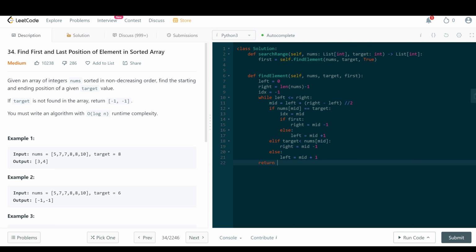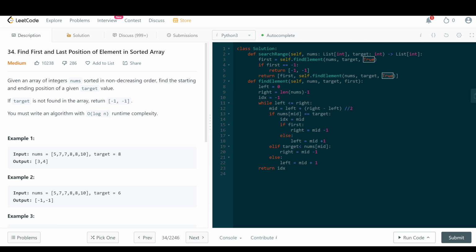Otherwise, return the same thing, but we have to find the last. For find element, instead of true we pass false, because if we provide false, then we are looking at the right side over here.